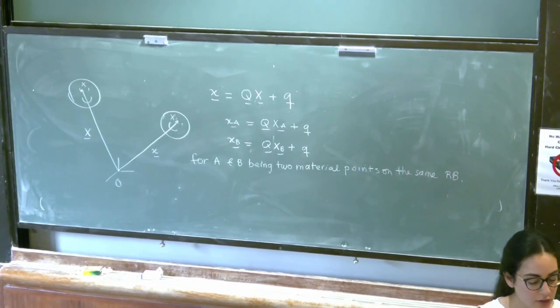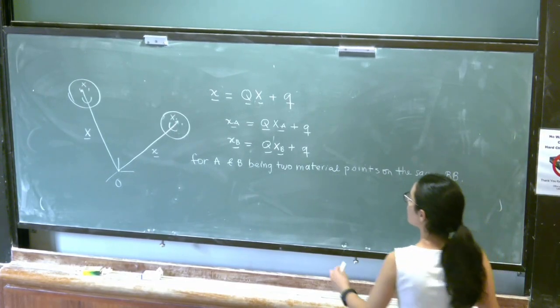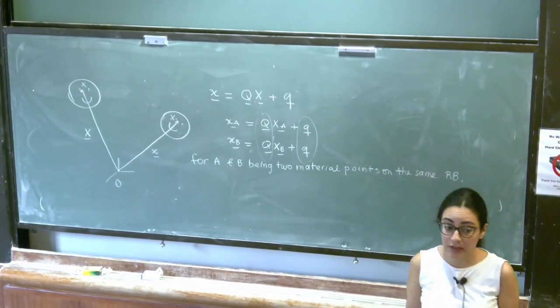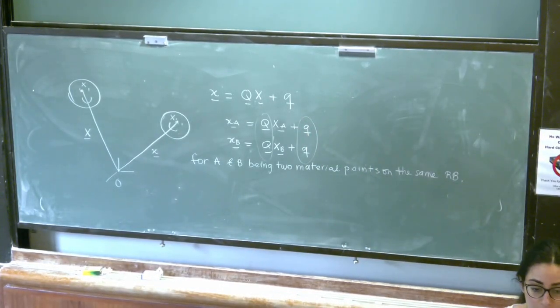So, question, are this rotation tensor Q and this translation vector q supposed to be the same for A and B? Why, yes. Points are fixed on the body. Right, and also all the points of the body rotate in the same fashion because the body is rigid.